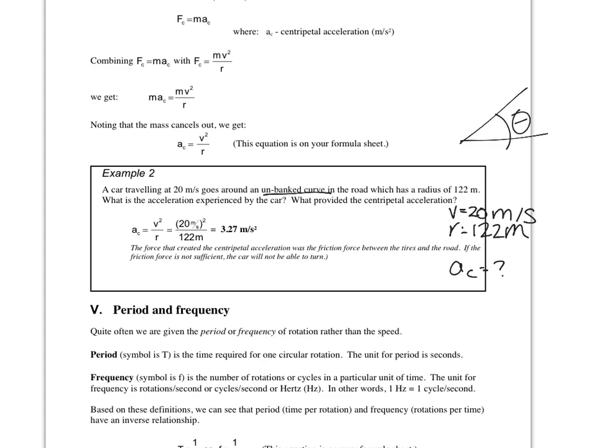A quick sub in here and we get 3.27 meters per second squared. I changed that to 20 in my notes, but technically we should round to 2 sig figs here, 3.3 meters per second squared. Remember the force that is creating the centripetal acceleration is the friction force between the tires and the road here.